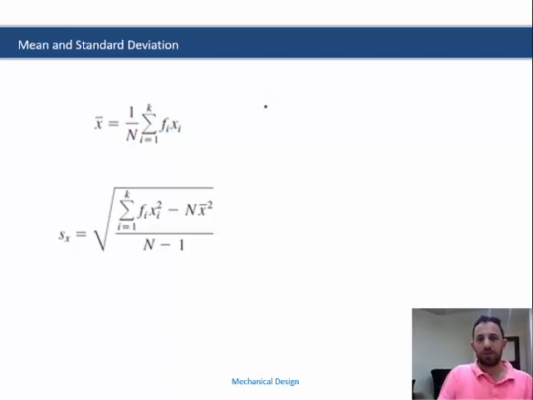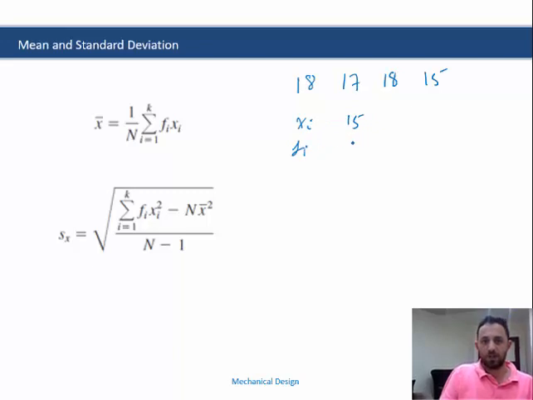So let's assume you have grades of 4 students, and you got 18 over 20, 17, 18 over 20, and 15. Those are the grades of the students. So you can put them in a table. The grade, you have 15, you have frequency, 1 student got 15, 17 you got 1 student, 18 you got 2 students.